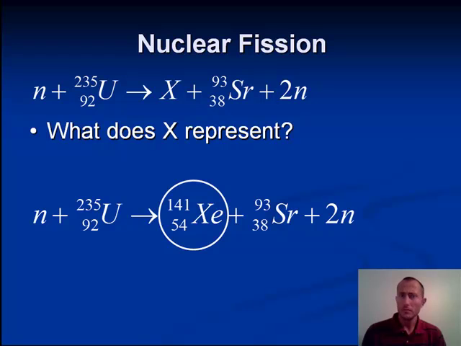And so the total mass on the left is going to be larger than the total mass on the right. Why is that difference there? Because some of that mass has been converted and released as energy. And so this is how we get energy from fission reactions and from fission reactors.